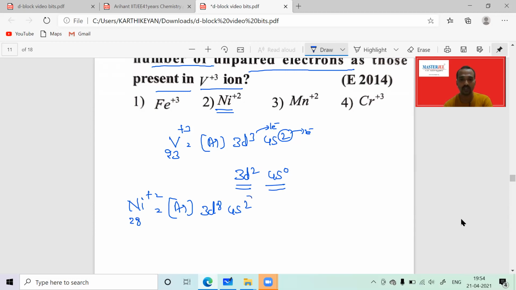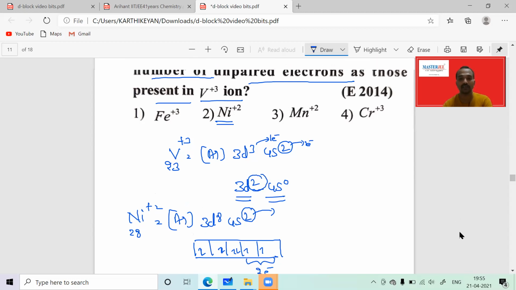After losing these 2 electrons from here, what is the configuration? 3d8 is the configuration. 1 2 3 4, that means 1 2 3 4 5 6 7 8. See here how many unpaired electrons? 2 unpaired electrons we are having. Here also 2 unpaired electrons only we are having.